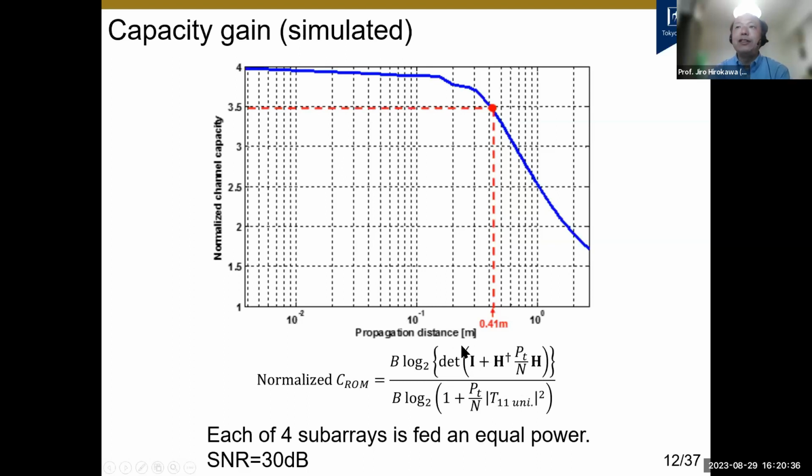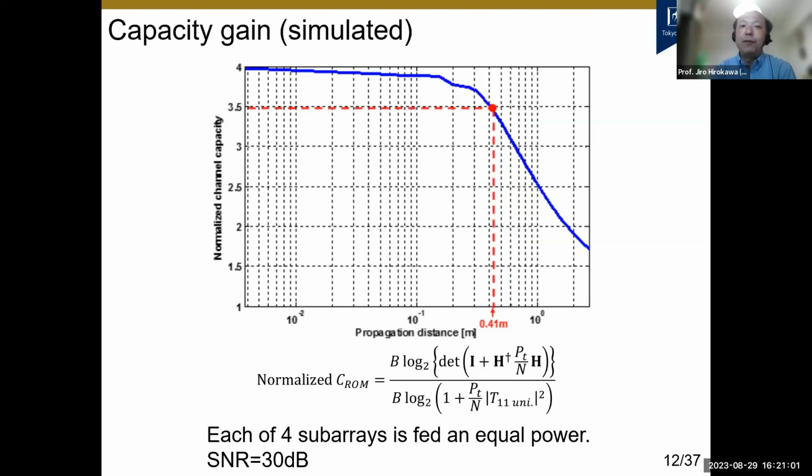Of course, there are various definitions for the gain, but in this talk, I define it according to this equation. And we also assume each of the four subarrays is fed with equal power.